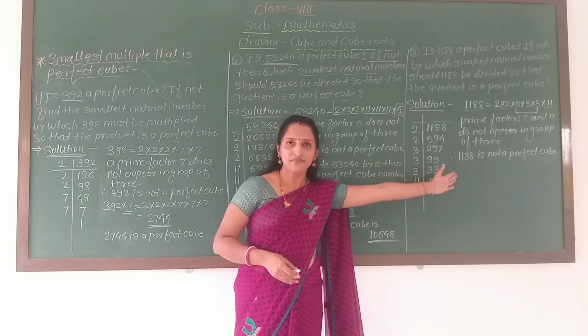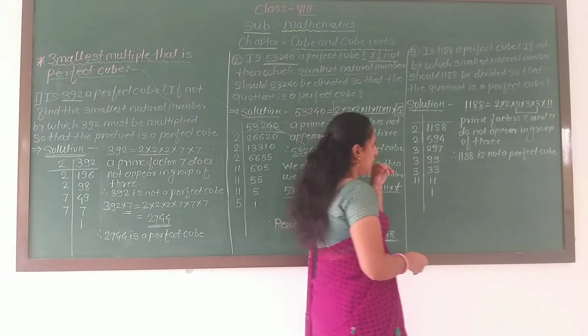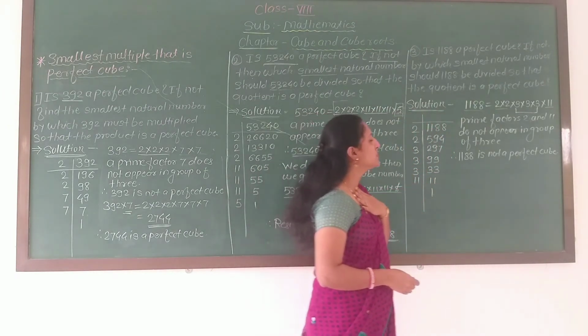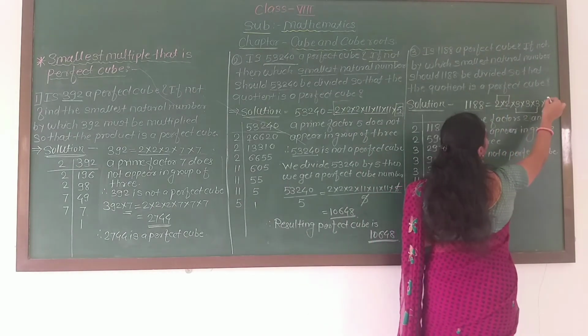That means this example is the same as the second example. So what do we have to do? We have to divide the number 1188 by which number? Yes, this number: 2 into 2 and 11.